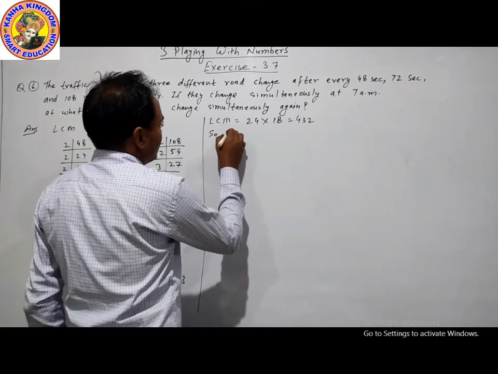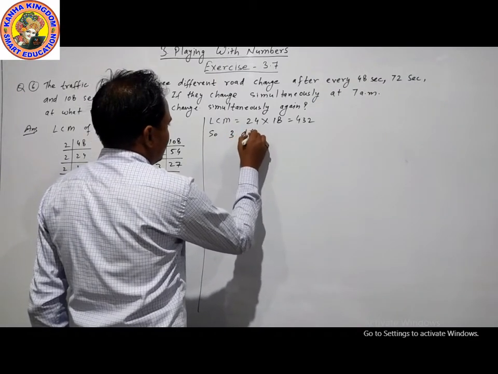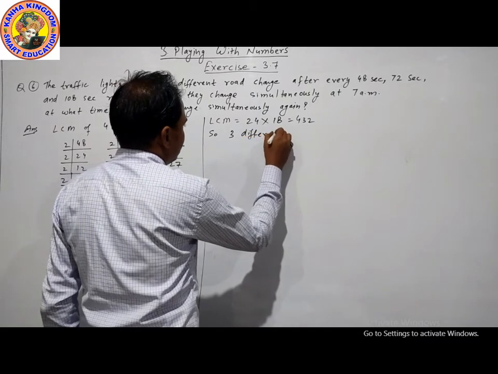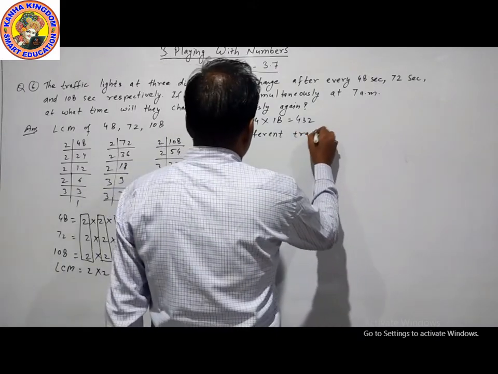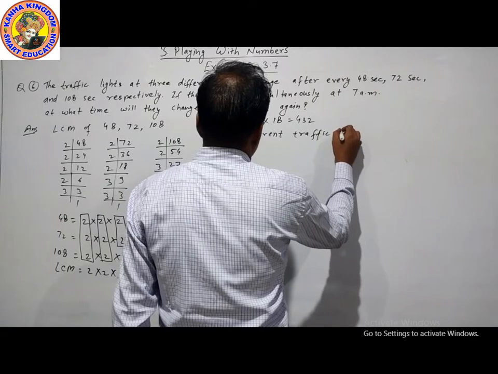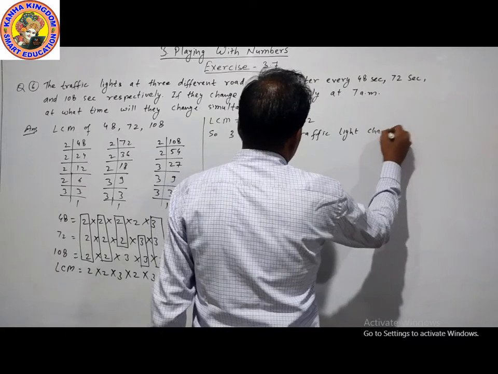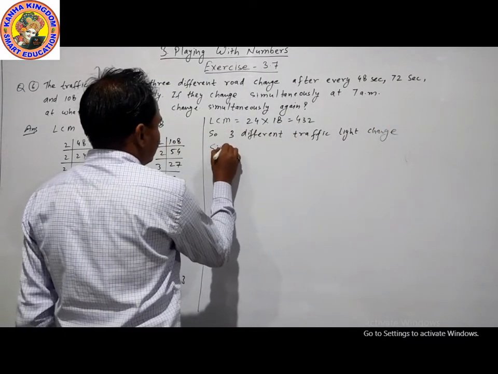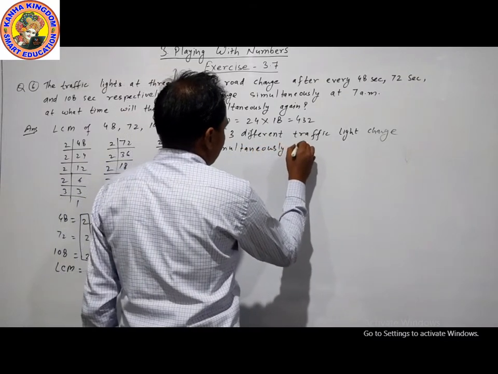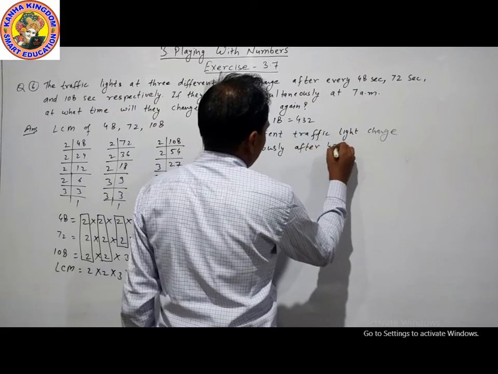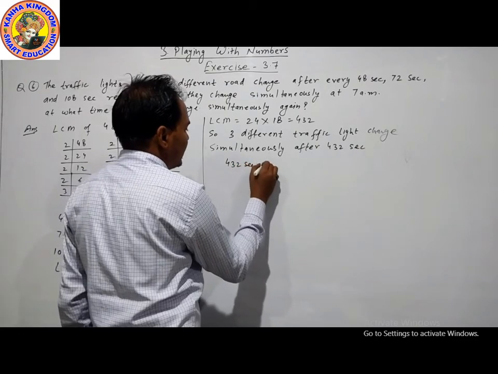So the 3 different traffic lights change simultaneously after 432 seconds.